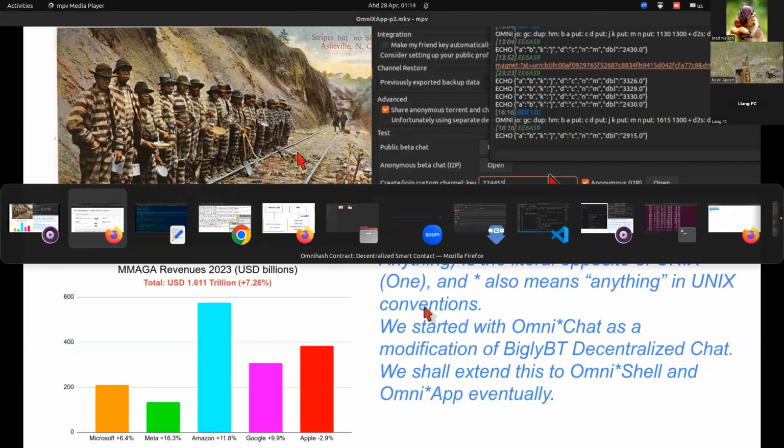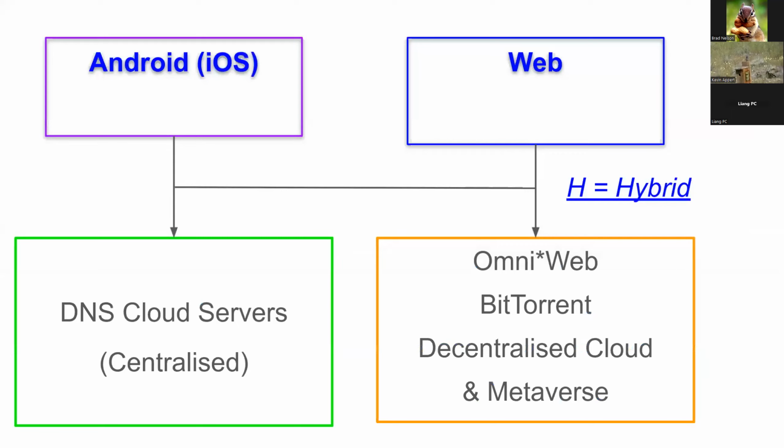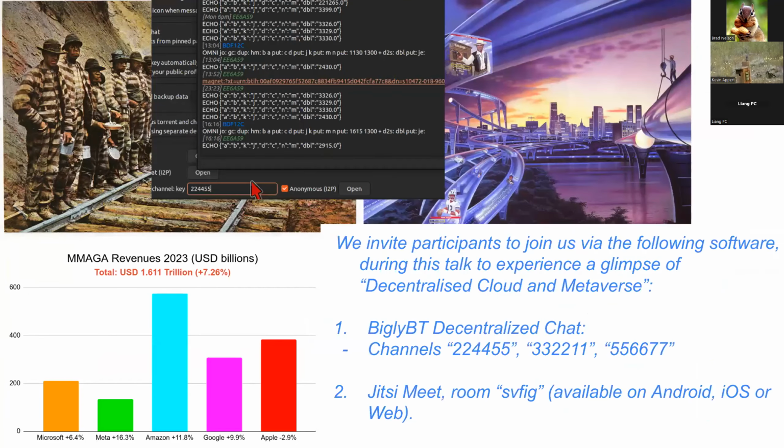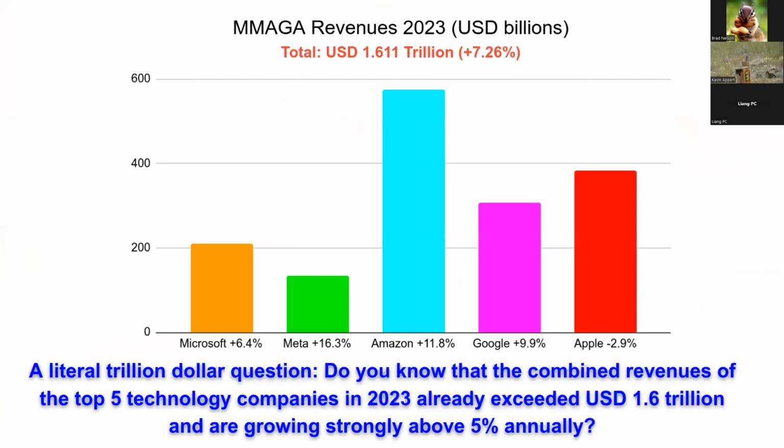Now, what is actually the plan for doing all this? I'm not sure whether you have been paying attention, but this is actually the revenues for the top 5 tech companies.